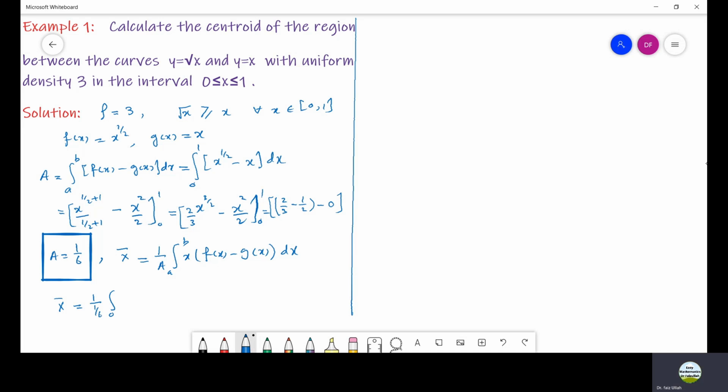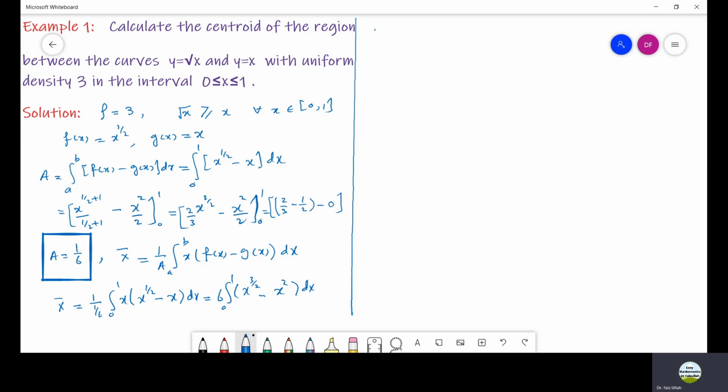Limits of integration are from 0 to 1, x into (x power 1 over 2 minus x) dx. From this we get 6, integration from 0 to 1, (x power 1 over 2 plus 1, this is 3 by 2, minus x square) into dx.